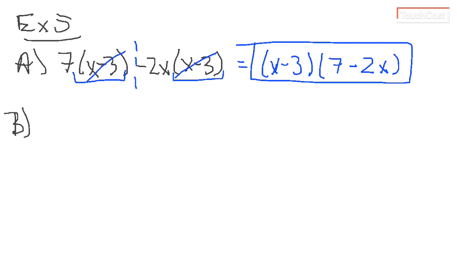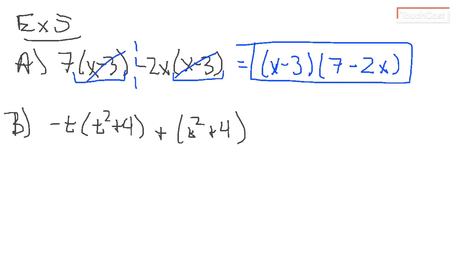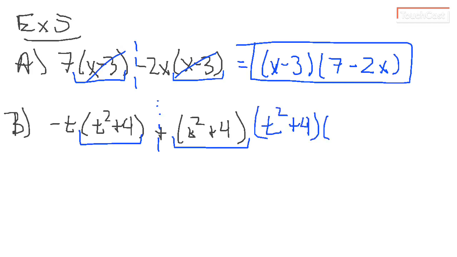Let's also look at if I have negative t times t squared plus 4 plus t squared plus 4. Now we break this in half at that plus sign, and both halves have a t squared plus 4, so we're going to bring that out. Now what's left?